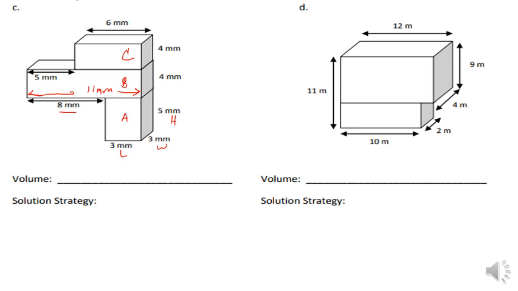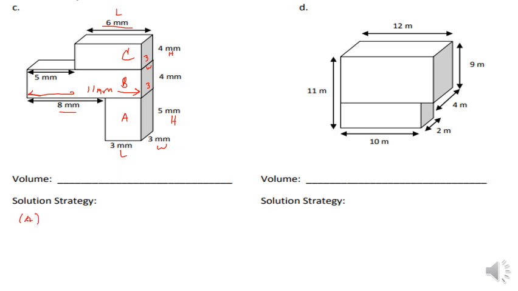It's giving me my height, and I can see my width is going to be 3 all the way up. The last thing I need for C is my length, and it's already given to me up here as 6 centimeters. So I've got all 3 of them now.